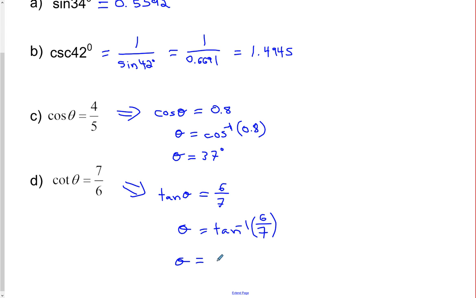And I'm going to end up with 41 degrees. So that's cosecant, secant, and cotangent. They're just 3 extra names. They don't add really any new math. They're just the ratios we already knew but flipped.